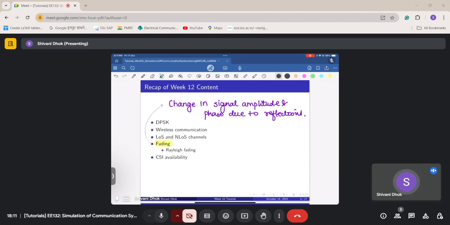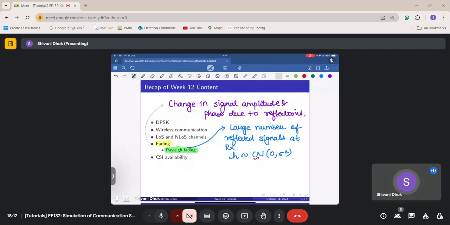So for Rayleigh fading, what happens is you have a large number of reflected signals at your receiver, and in such a situation you can model your channel as CN(0, sigma squared), where this particular symbol means circularly symmetric complex Gaussian.